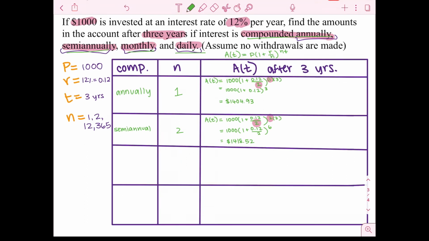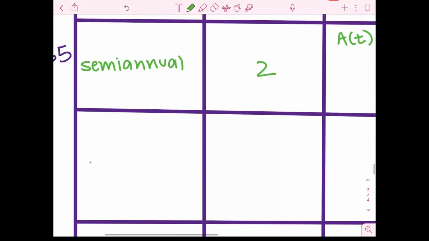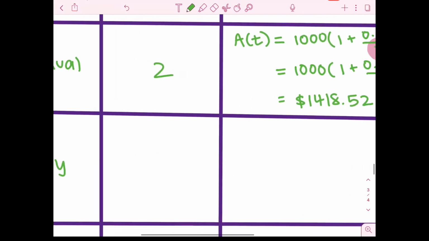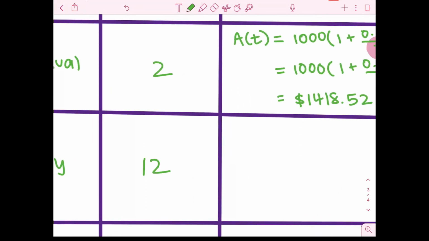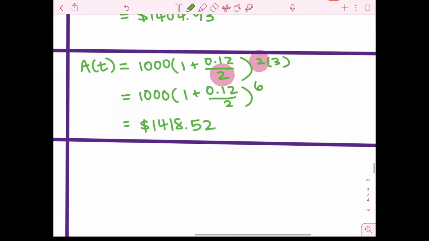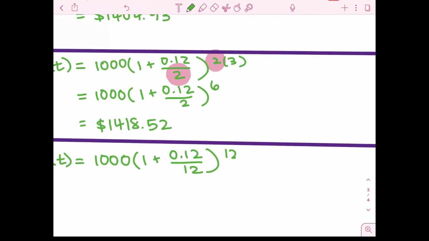Okay, let's continue on. Next we're going to be looking at monthly. Monthly, this is being compounded 12 times per year. So we can plug it into our formula. A of t is equal to 1,000, our p, times 1 plus 0.12, our same r, divided by 12 in this case, and then to the power of 12 times 3.